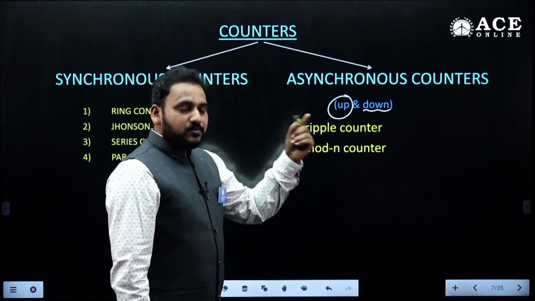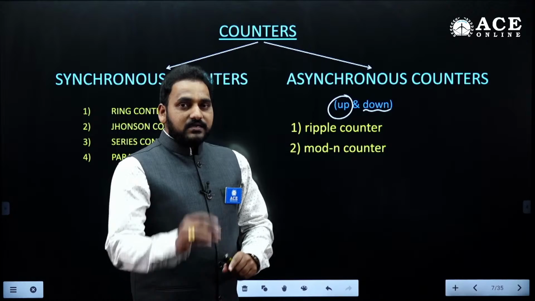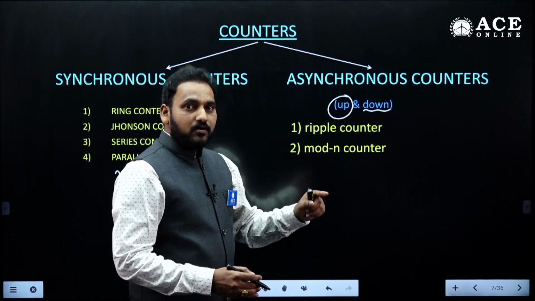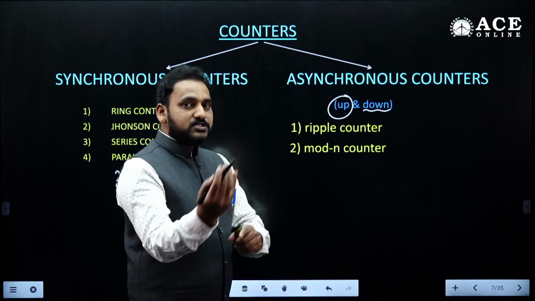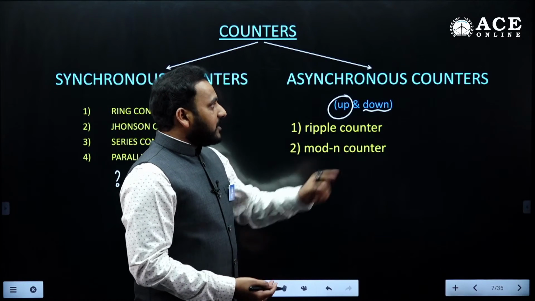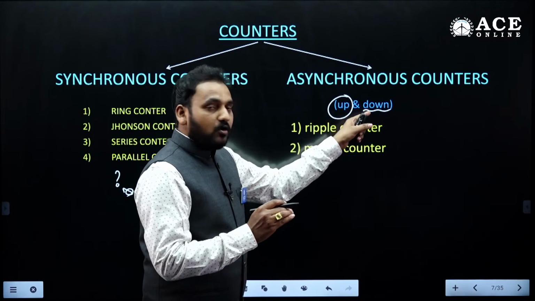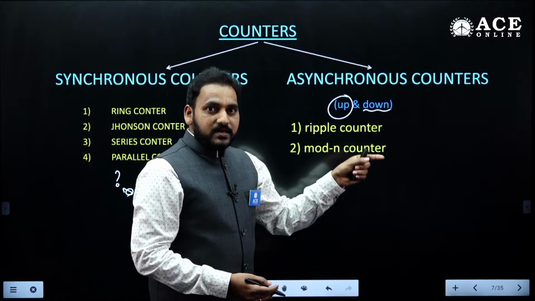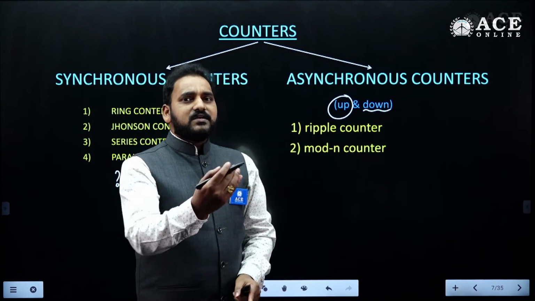There are some properties applicable to both. Of course, the count sequence will be different, but those properties are the same for both. So I don't talk about the down counter, because without explanation, it will unnecessarily create confusion.